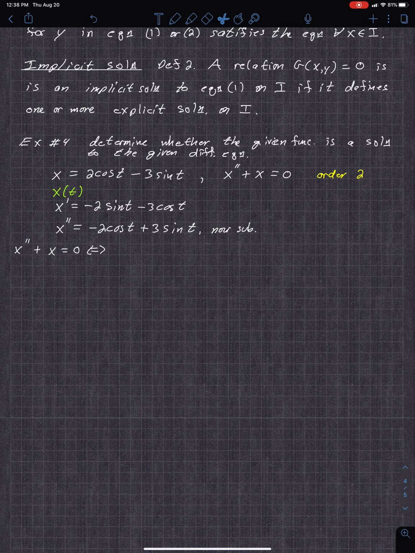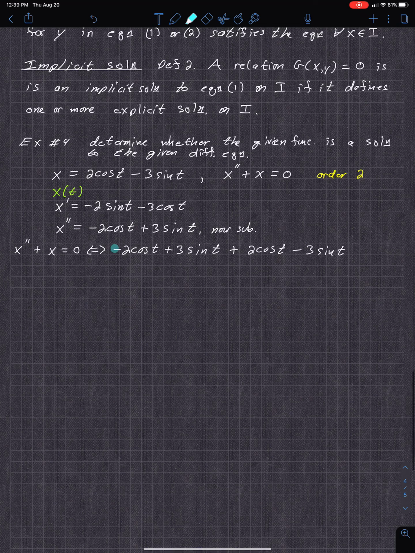So when I substitute, I take all of this here, that's my double prime, and then I'm going to add it to the given function, which was this. Normally you write it all out, but it helps just to show you. So that's what I'm substituting in.